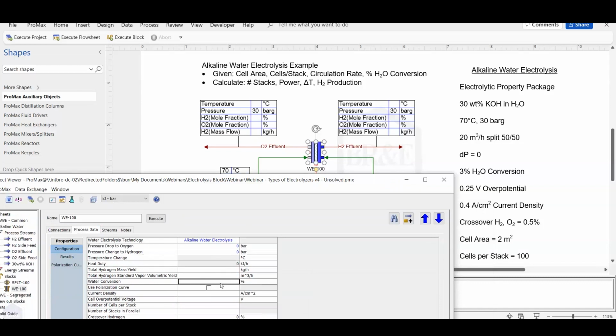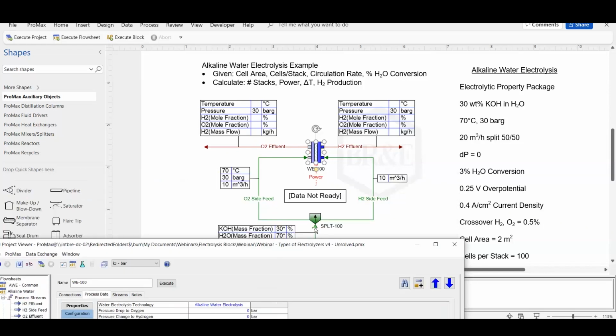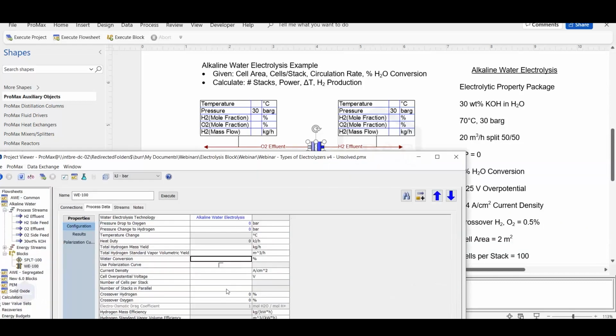If you know the typical amount of water converted in a particular type of electrolyzer, then you can use this, and regardless of how incorrectly you have guessed your circulating feed stream, you'll always get a decent result.